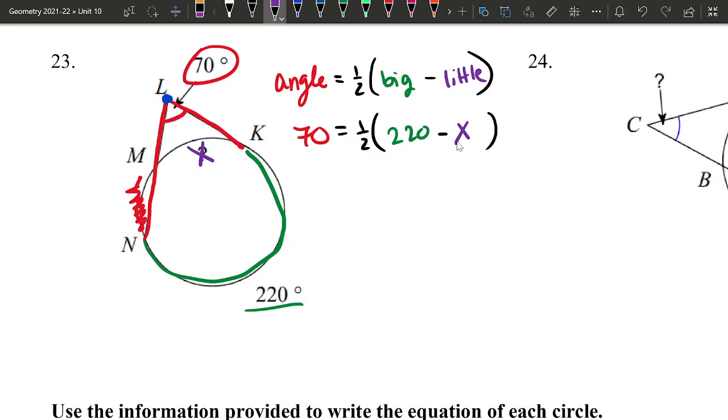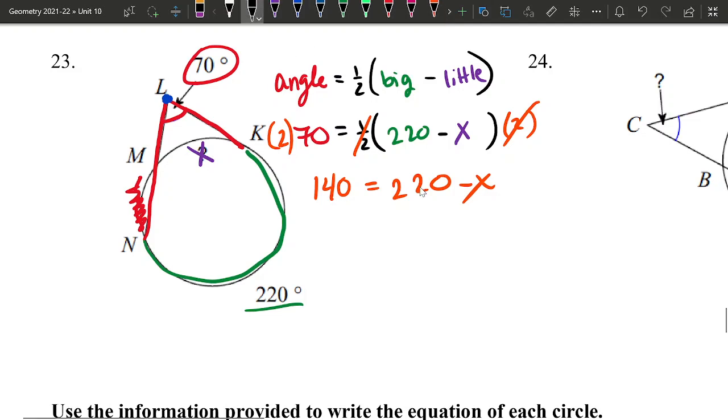So now I'm going to solve it. Instead of just simplifying, I'm going to solve. I still want to get rid of half, so to do that I multiply by 2. 1/2 and 2 cancel. I do it to the other side as well. Gives me 140 degrees equals 220 minus x.